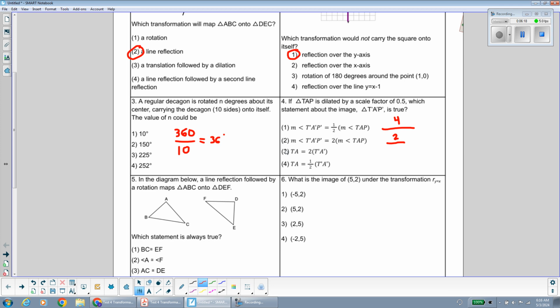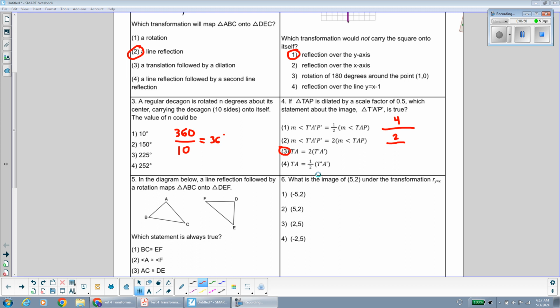Answer choice 3 is the one that says that. It says that an original side of this triangle is double the dilated side of the triangle. Answer choice 4 says it the other way around. Answer choice 4 says that the original side of the triangle is half of the new one.